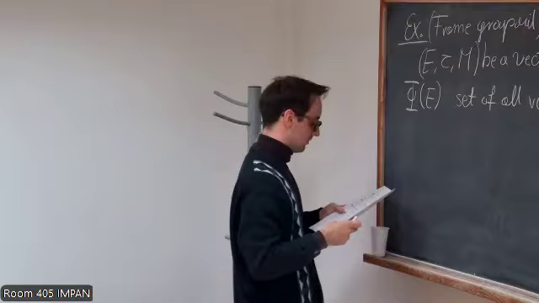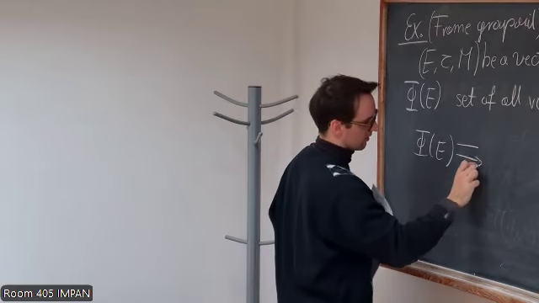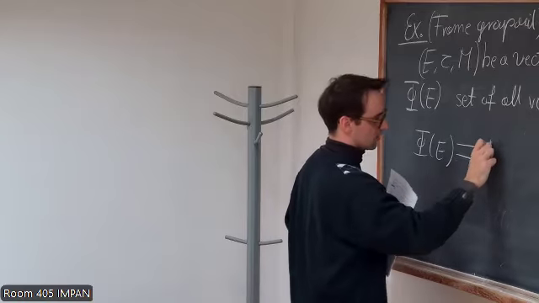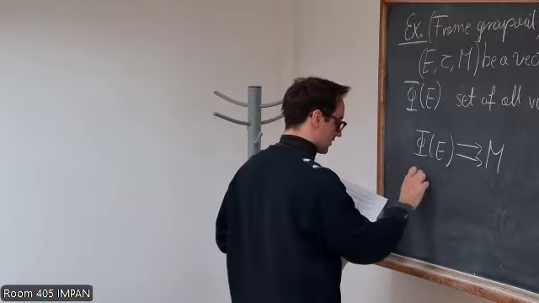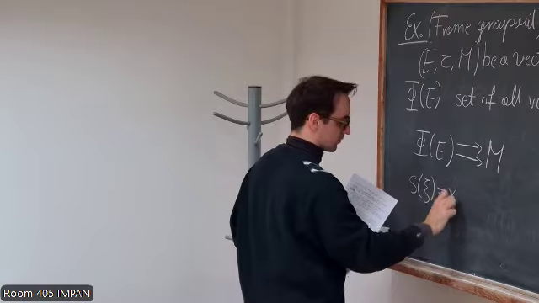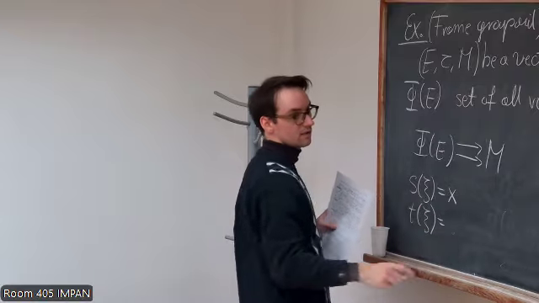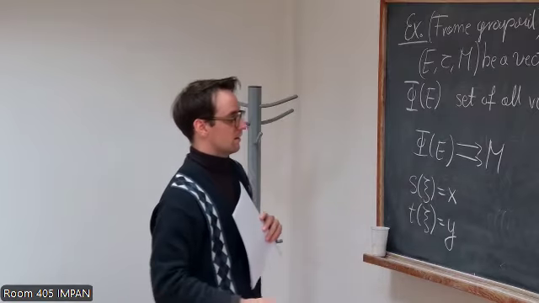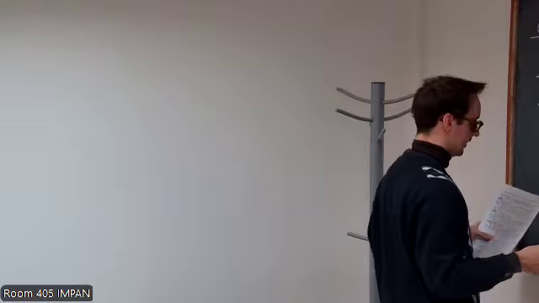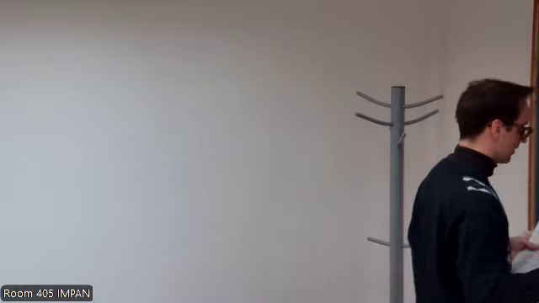Okay, then it's a groupoid in this case. So the source X, target is Y. Yeah, the multiplication is just the composition of maps.